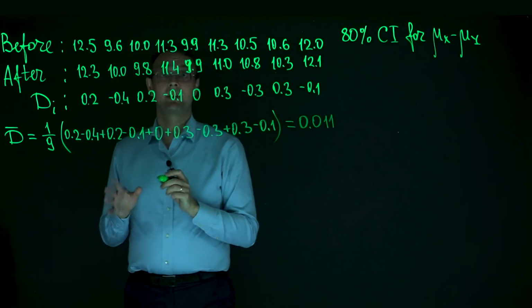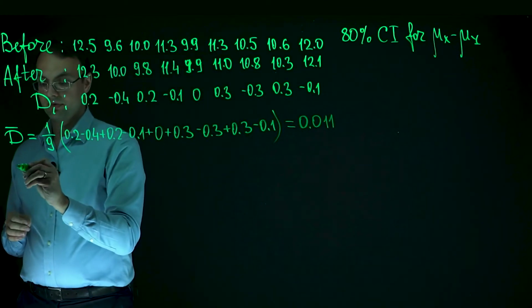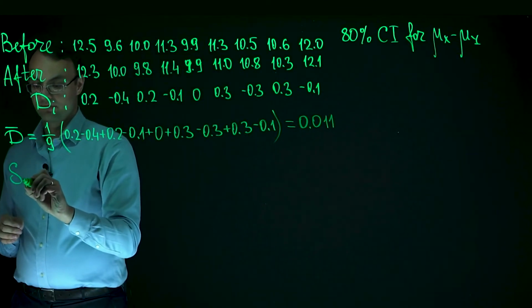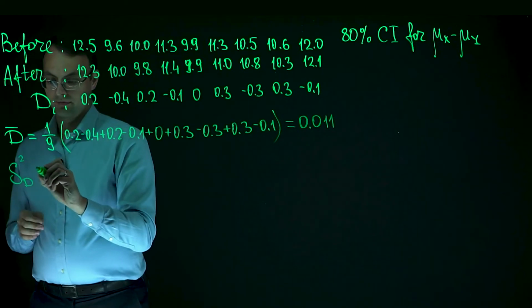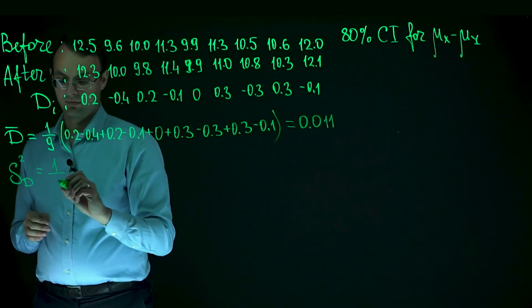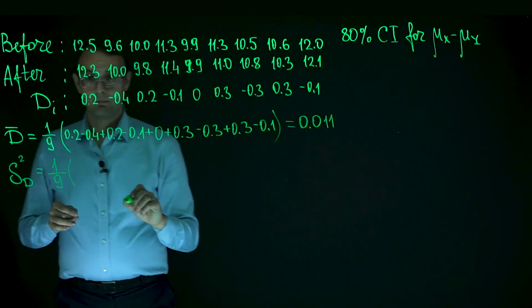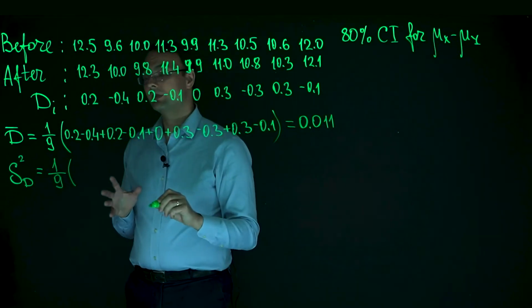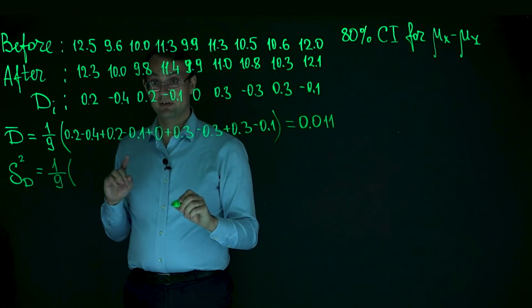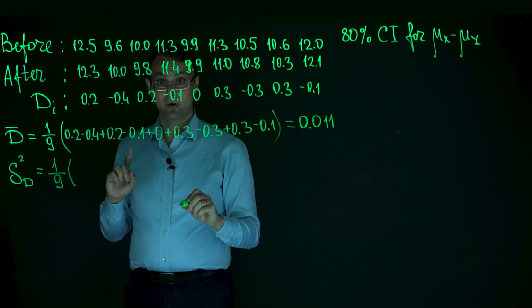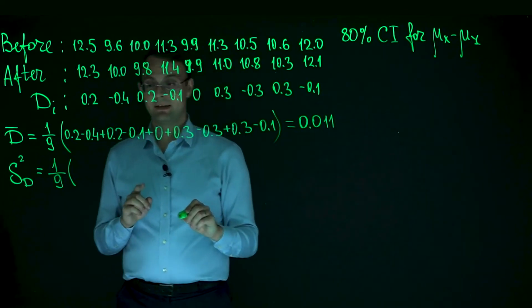Then the sample variance for the sample of differences: the average sum of squares minus the squared mean.